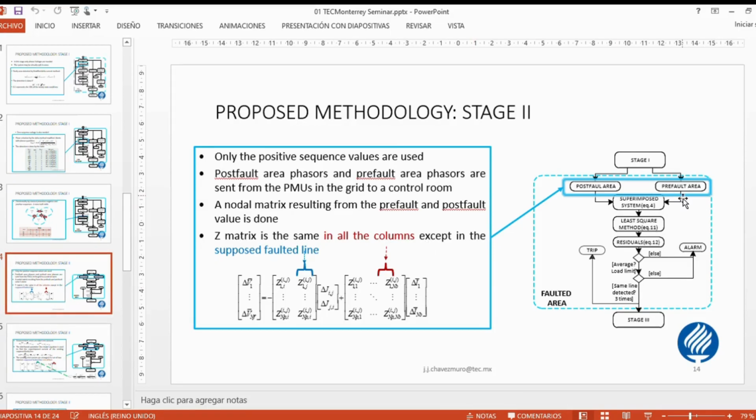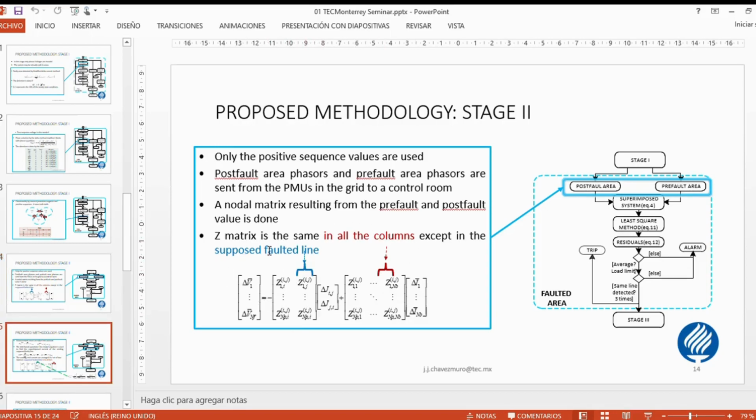In the second step, we want to use the transmission line model, the equation of the transmission line, and we're going to include some other elements in order to build an overdetermined matrix.